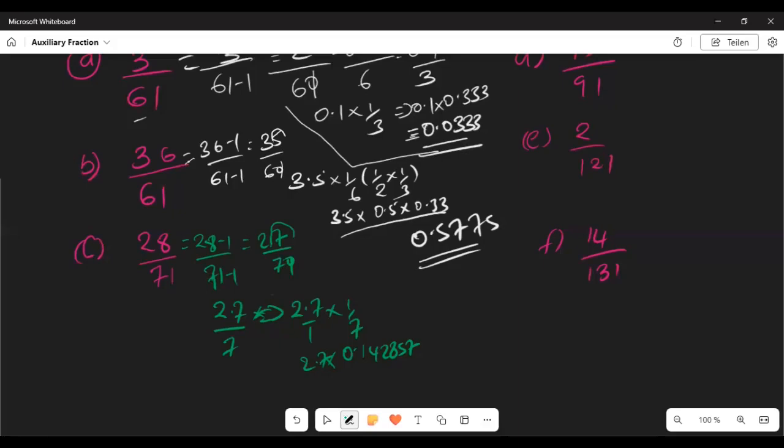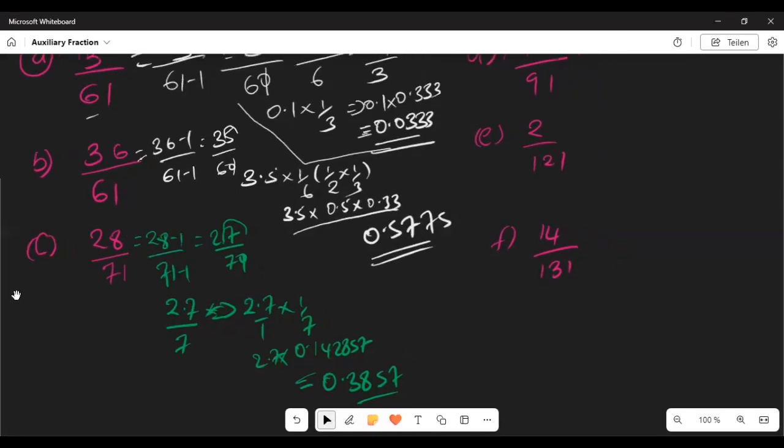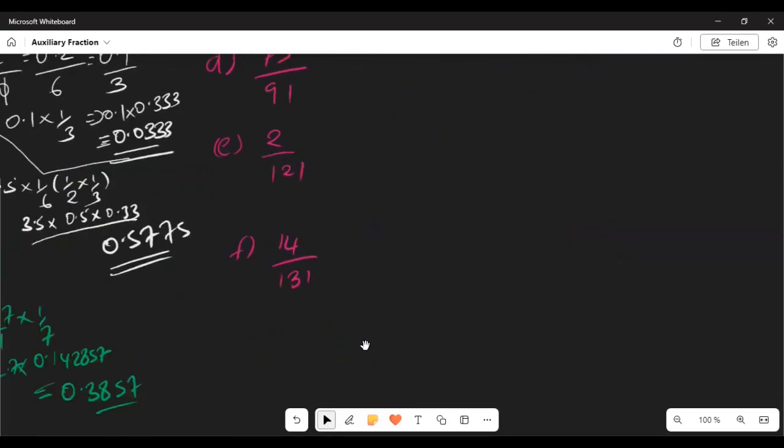If you multiply 2.7 by 0.1428, you get 0.3857. That's how you get it easily and quickly, without a lot of stress.